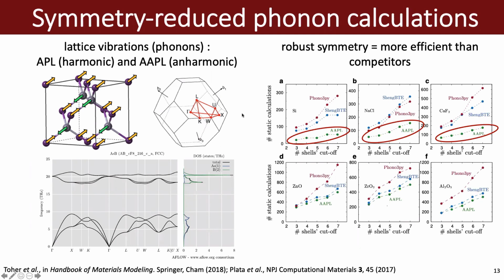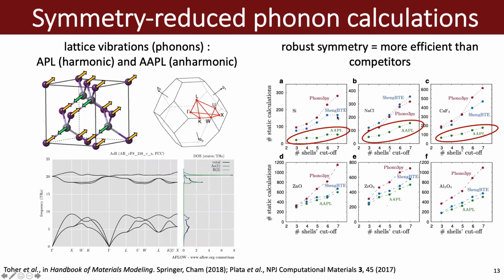We need symmetry to, 1, determine the Brillouin zone, so we're looking at the k-paths for our phonon dispersion. But we also use it to determine which atom sites are equivalent so we can find certain distortions. Here is a particular distortion that we would model to build our phonon dispersion for our phonon calculation. If we're using a robust symmetry analysis, we can actually reduce the cost.